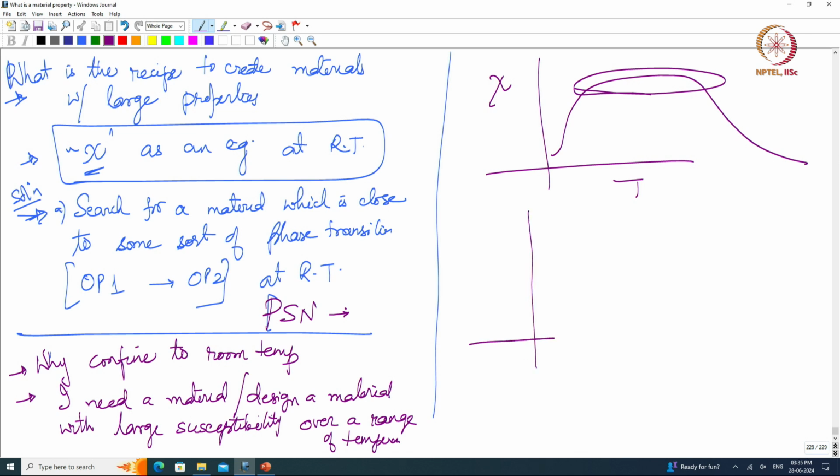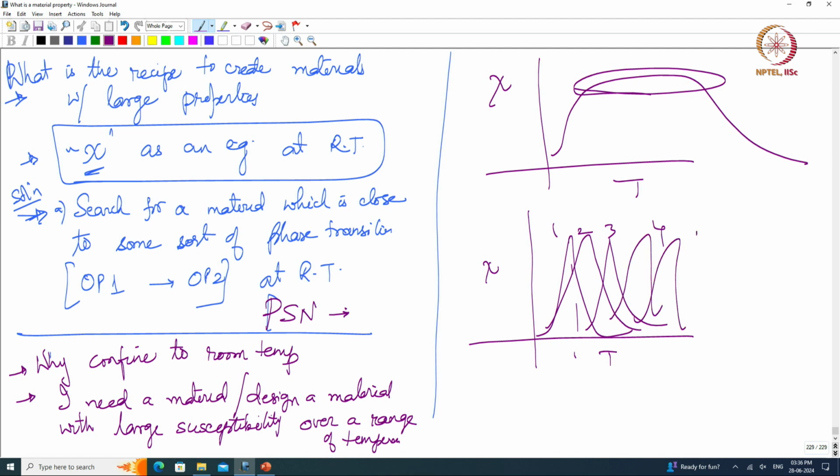Now let us imagine how am I going to get this flat profile, right. Let us imagine that I make a material, some sort of a composite of several materials. I am plotting chi versus T. The first one has a phase transition at this temperature, the second one has a phase transition at this temperature, the third one at this temperature, right. So, this is 1, 2, 3, 4, 5 and so on and so forth.